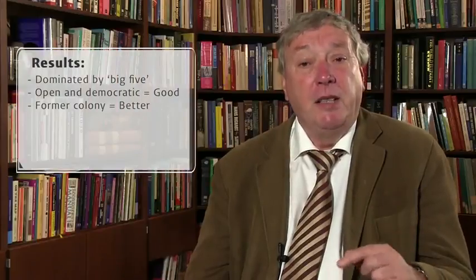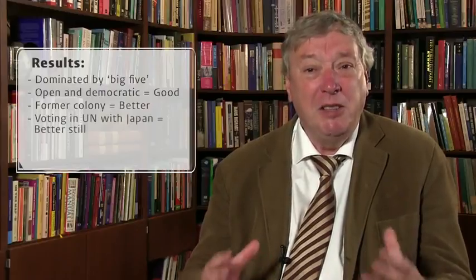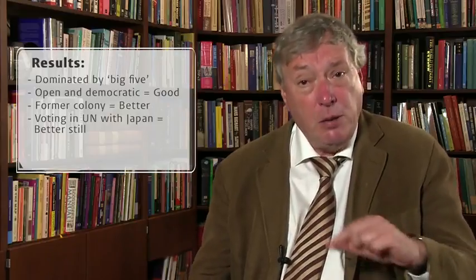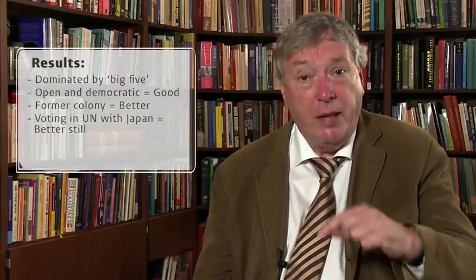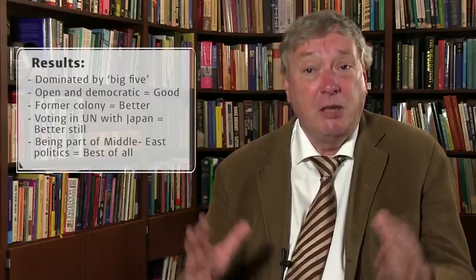Countries voting in the United Nations with Japan received a massive 172% more aid. Interestingly enough, voting with the USA made no particular difference, but this was because the American aid flow was dominated by its involvement in the Middle East. If you were Egypt, you received a 480% boost in your aid flow, and being Israel was best of all, you received over 400 times the expected aid.